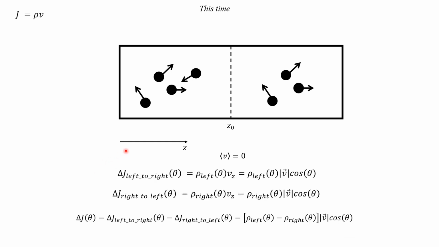So if we want to find the net current, then we have to take the contribution from particles going from left to right, so that's this contribution, and then take away the contribution of particles going from right to left, so that's this contribution. So the net current is the total number of particles going from left to right minus the number of particles going from right to left. So when we use these two expressions, we end up with this expression for the net current.